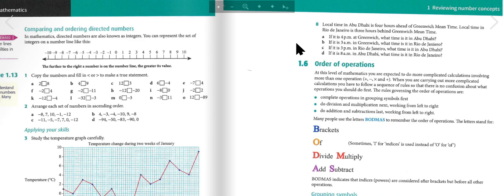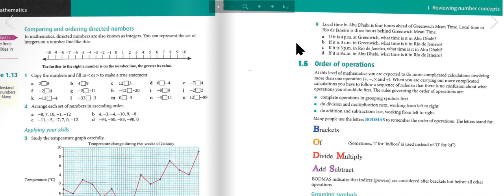So, the answers are, if it is 4 p.m. at Greenwich, it is 8 p.m. in Abu Dhabi. And if it's 3 a.m. in Greenwich, it would be 12. It would be exactly midnight in Rio de Janeiro.